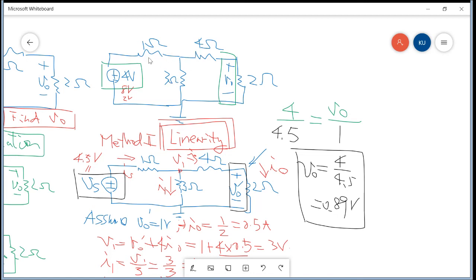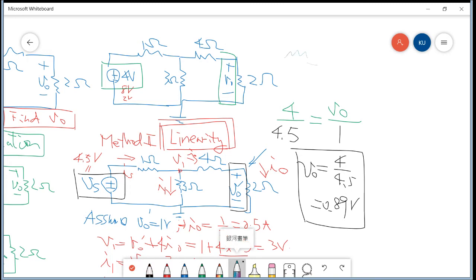And then we know this current, then we can calculate this voltage by this voltage plus the current times this resistor. Then it will be the voltage at this node. And it doesn't really matter whether it keeps going for many stages. You can still use this method. You can just go back stage by stage.